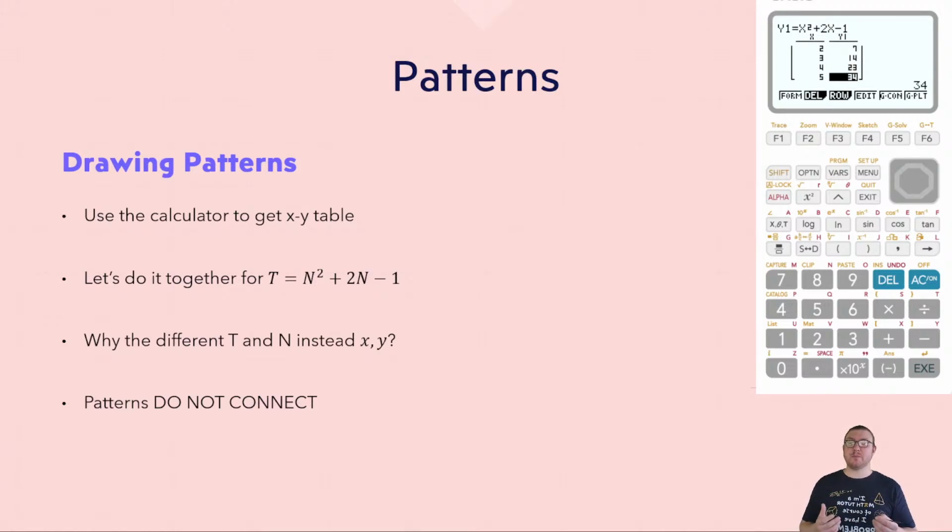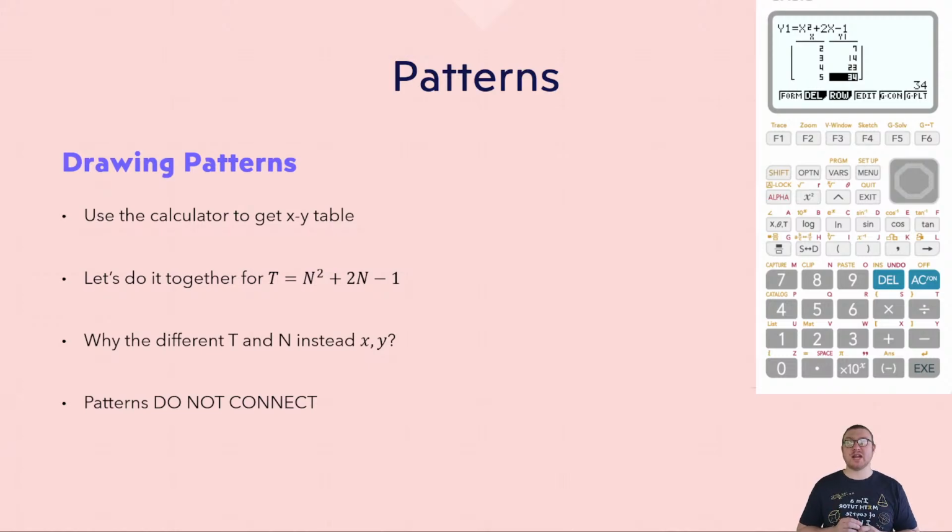So if you have a pattern question, you still do the same thing. You get your table, mark all your values, but you don't connect. Also be careful, they will give you negative values as an option to mark. But a pattern only starts with x is 1. So if you have a pattern, you might want to set your table to start at 1 with step 1 and only mark those ones.